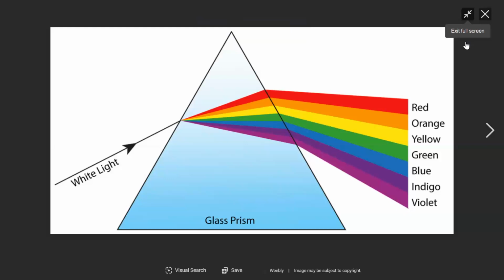Now this is the emission spectrum of white light.